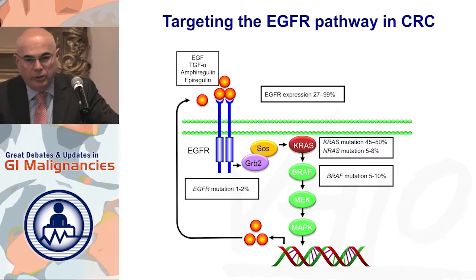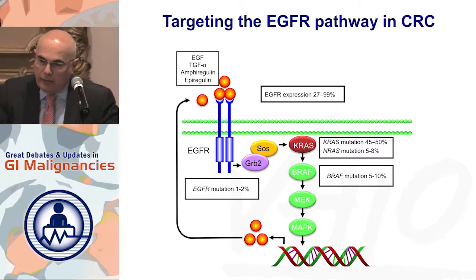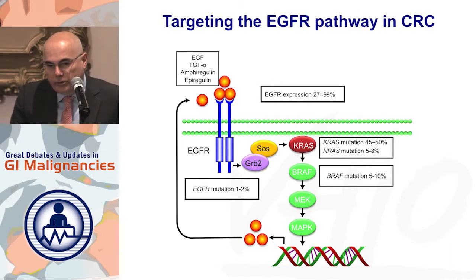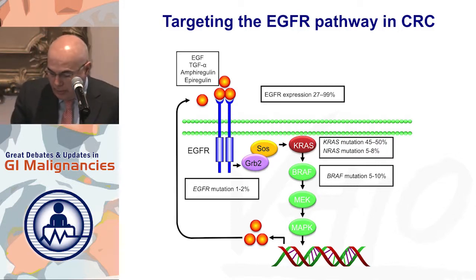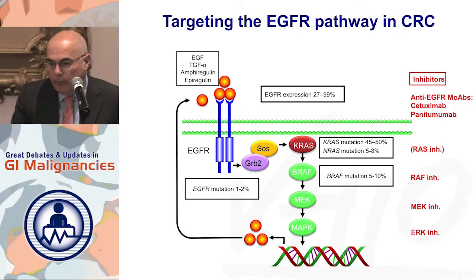We had a lot of expectations at the beginning because EGFR expression is widely present in patients with colorectal cancer, but unfortunately, we also know that there are important downstream effector protein mutations that could prevent activity of these EGFR inhibitors, including cetuximab or panitumumab.